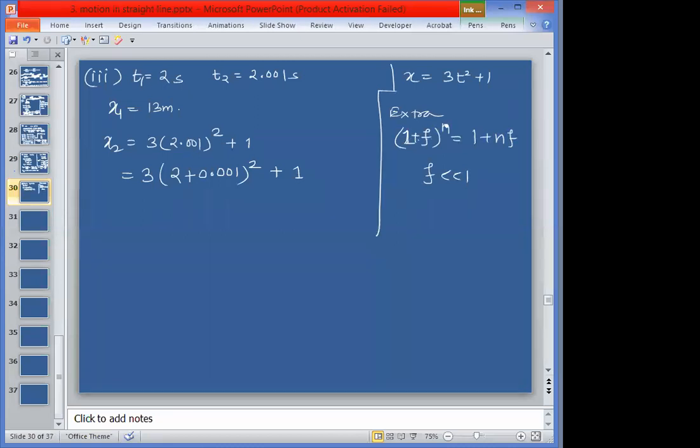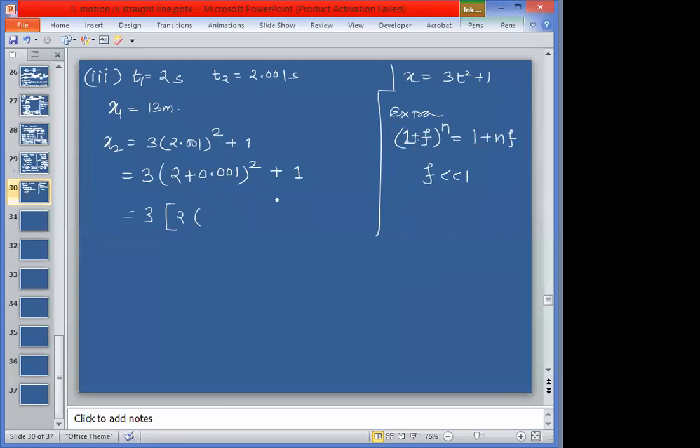But here we do not have 1, here we have 2. Okay, what to do now? We need 1 plus fraction. So what will we have to do? Here we need 1, so take 2 common from this bracket. So 3 as it is, put a square bracket. Now from this term take 2 common. If I take 2 common, then put the bracket again.